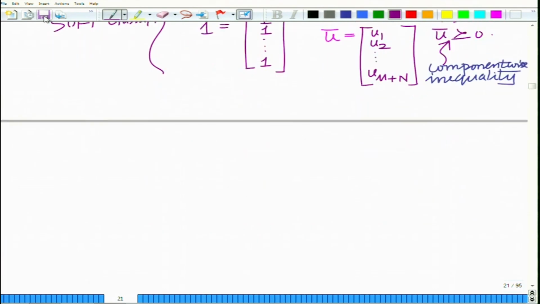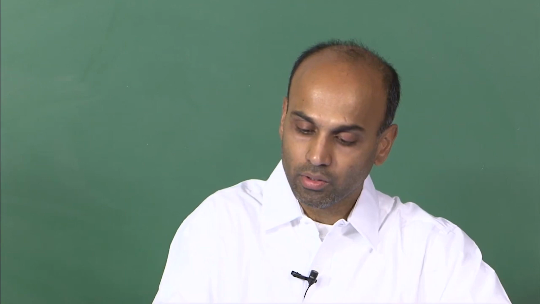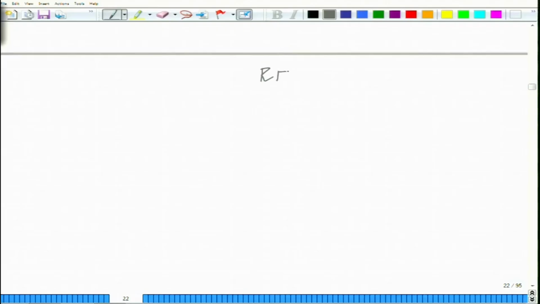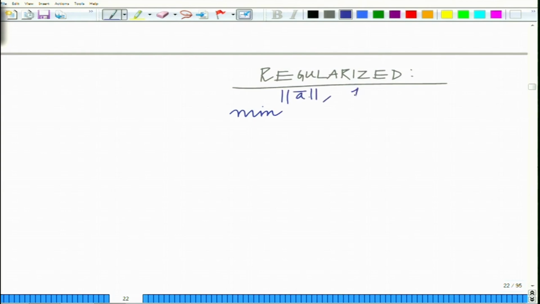And now you can extend this to a regularized version, so you can regularize this. Previously we wanted to fit the thickest slab. So there are two objective functions, one on norm a bar and one that minimizes the slack.